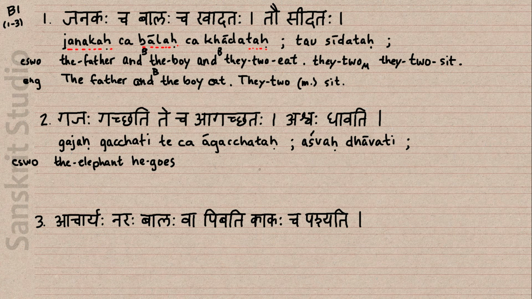And the answer is, because it is dual here, we suspect that te is the explicit subject of the verb agacchataha.